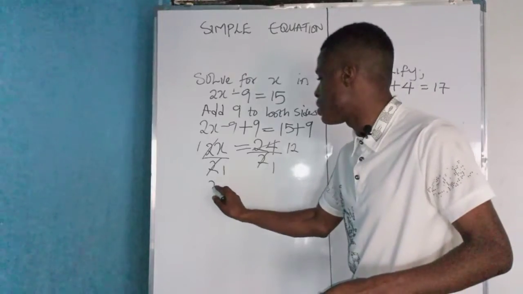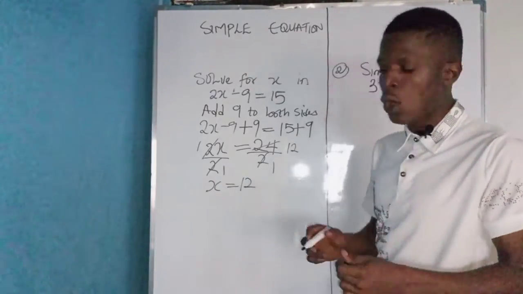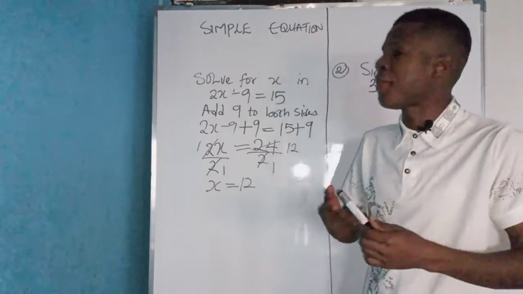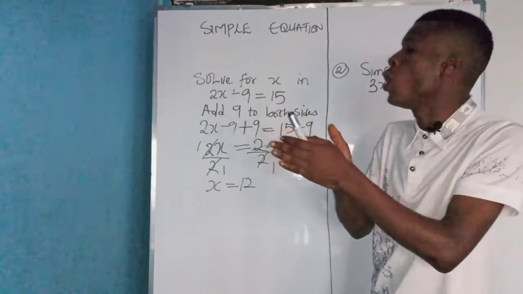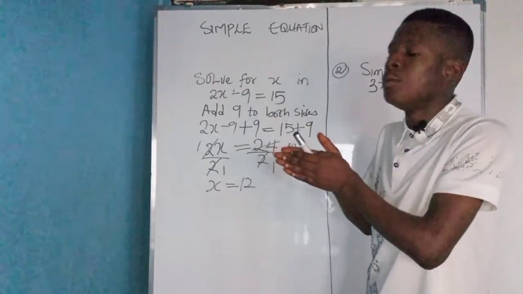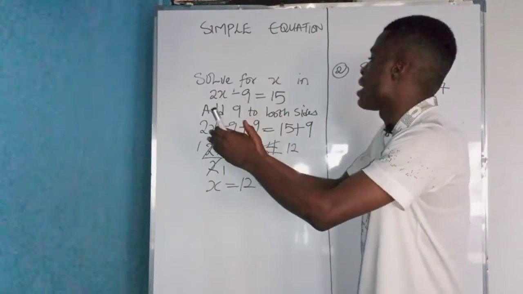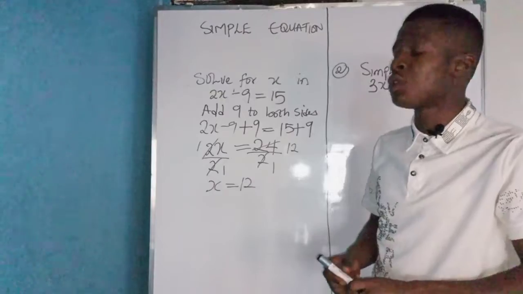So my x is equal to 12. The value of x that will satisfy this equation is 12. Whenever you insert 12 for x, the left-hand side will be equal to the right-hand side. Okay, let's do a little check.